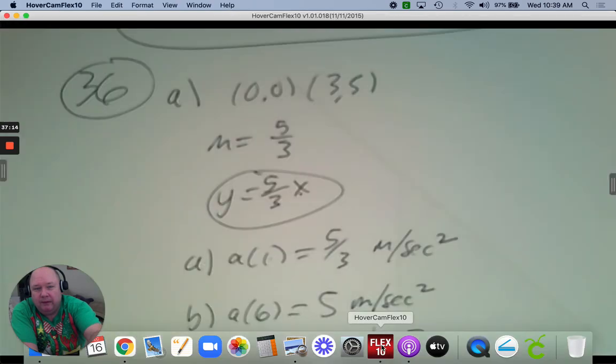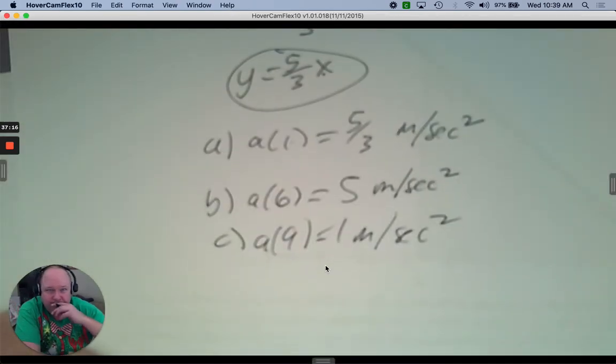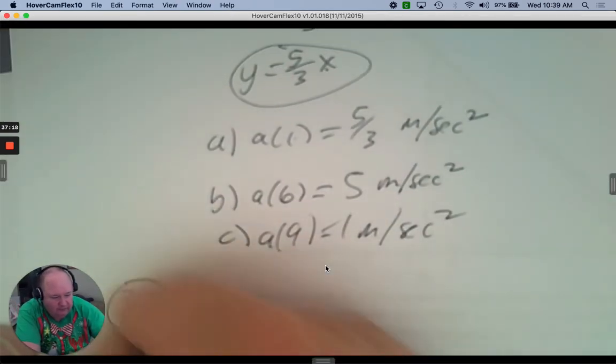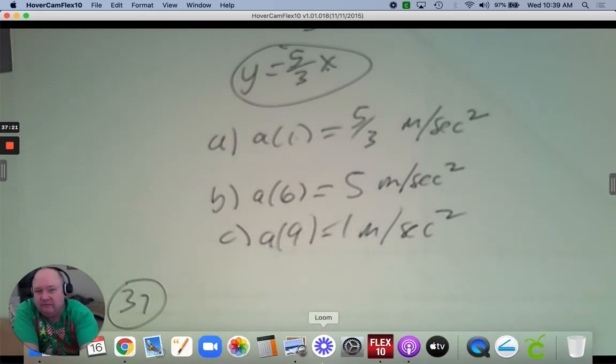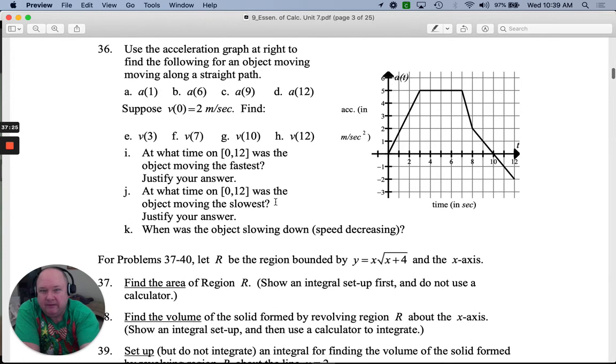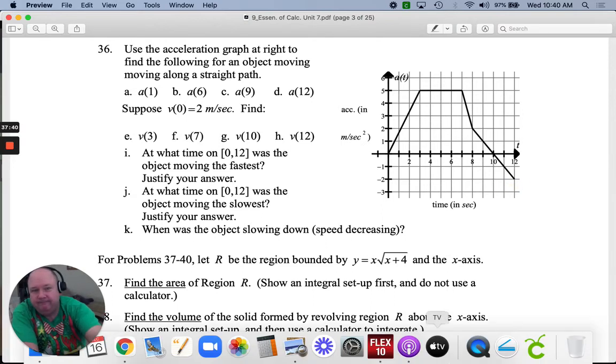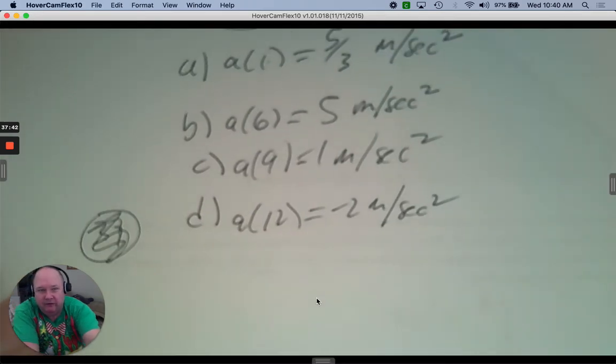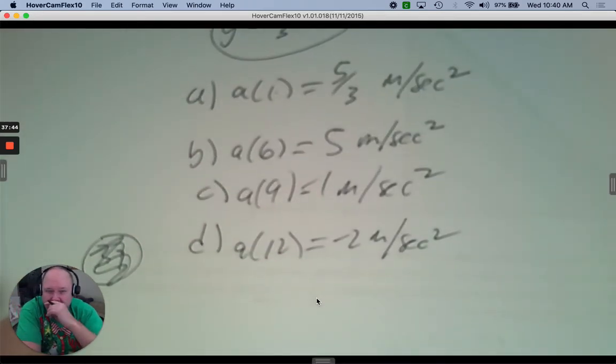So this is what my work looks like so far. Part D is a at 12, which is negative 2, just reading off a graph. And if it's not obvious on a graph, you might have to write an equation and use it to get the answer.